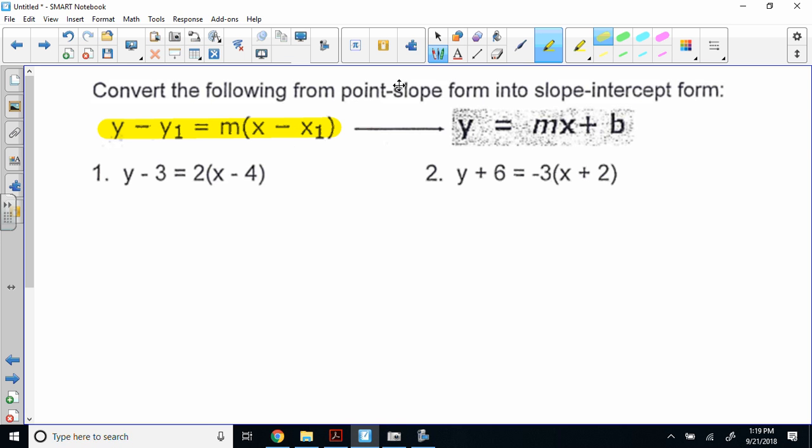This one is called point slope form because you need a slope and there's an x1 and a y1. So in order to do that, you need a point and a slope to use point slope form, right?